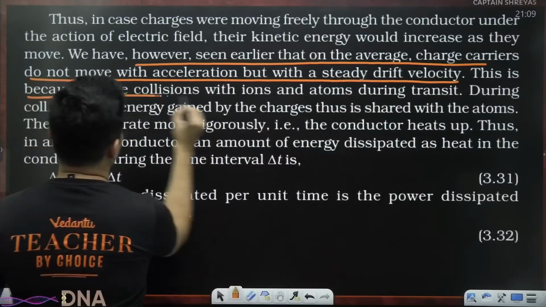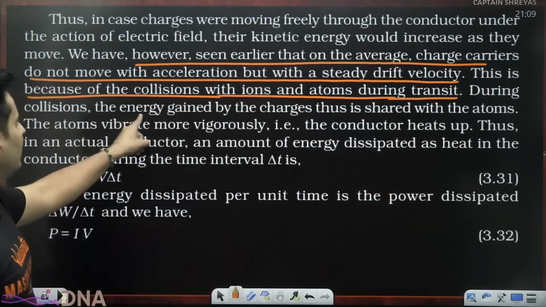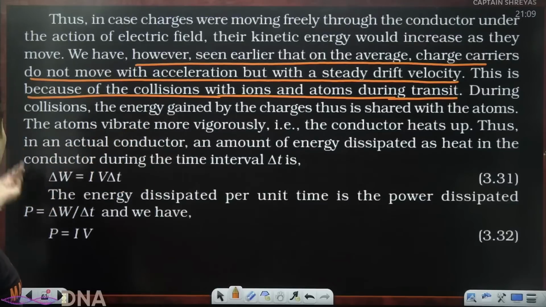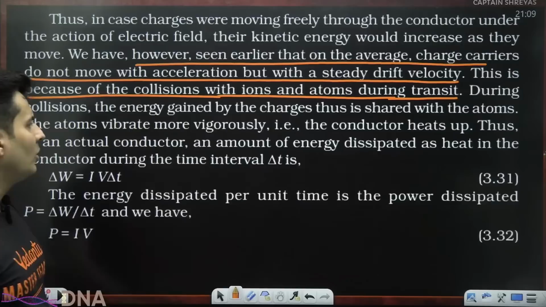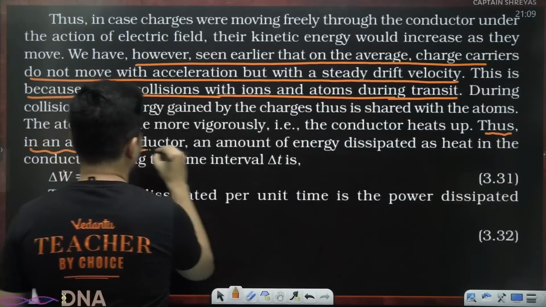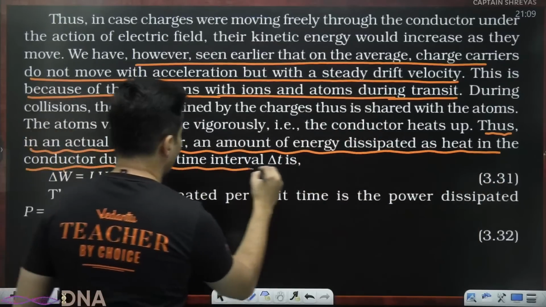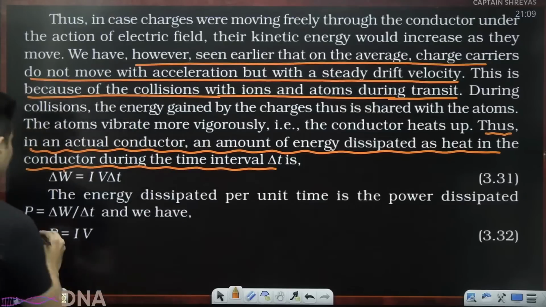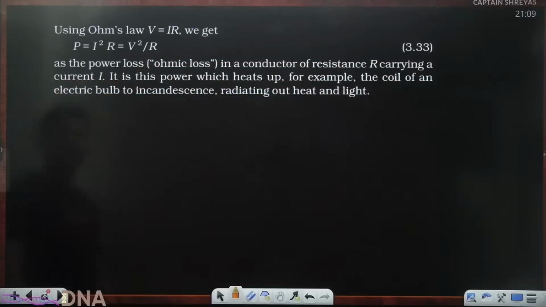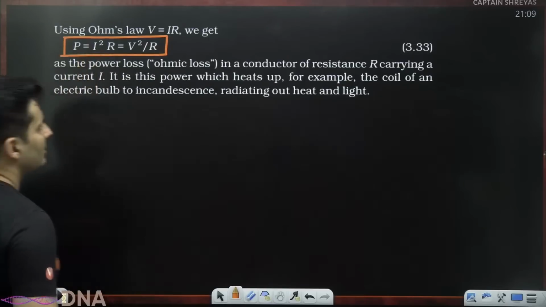This is because of the collisions with the ions and the atoms during the transit. The energy gained by the charges is shared with the atoms, which vibrate vigorously, and the conductor heats up. Thus, in an actual conductor, an amount of energy is dissipated as heat during the time interval, given by this, and that's how they get this formula. P is equal to voltage into current, which you can also write using Ohm's law as this.